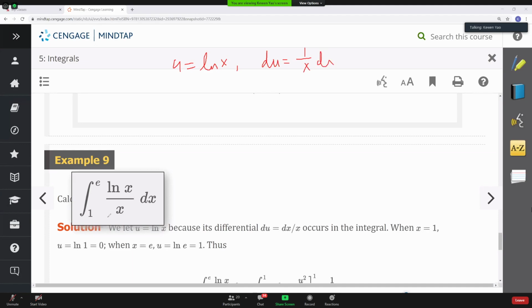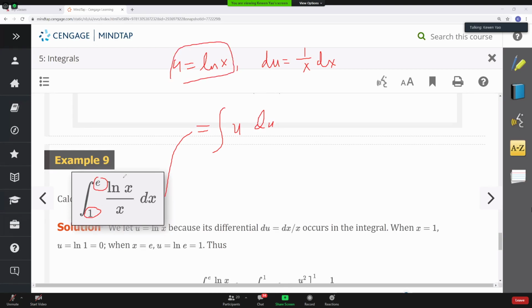Now it can be simplified, right? ln x is u, and 1 over x times dx is du. Easy now, right? Du.